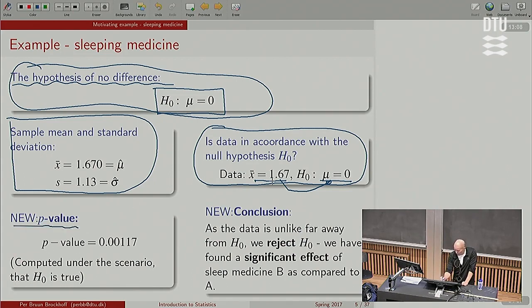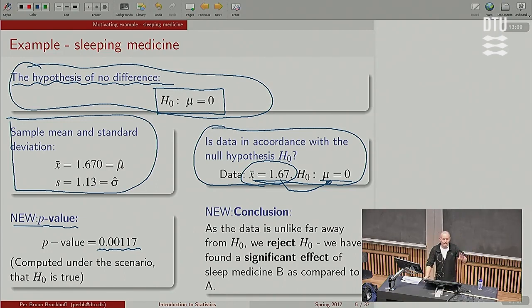And we are going to learn that if we evaluate how far away from 0 this number is, it is pretty unlikely, this p-value, which I will teach you now within the next hour, right?